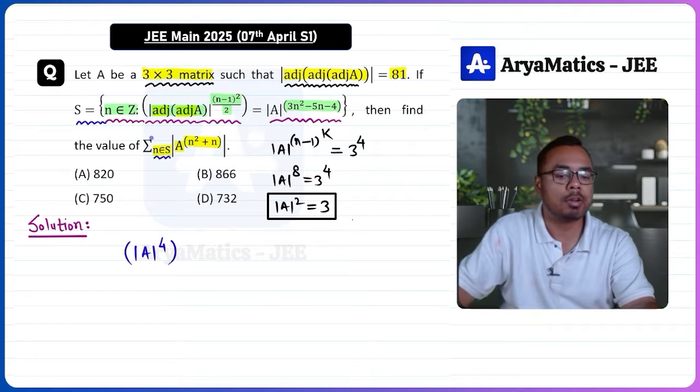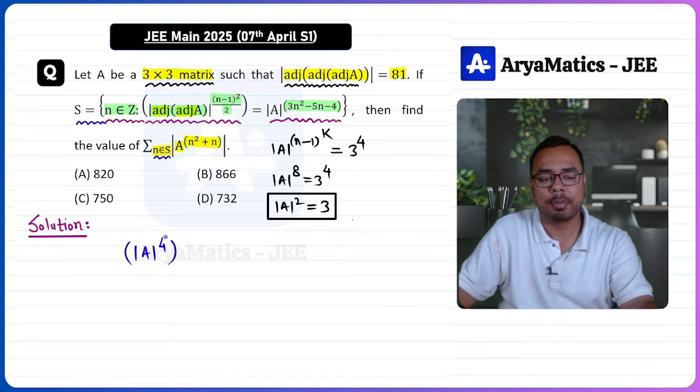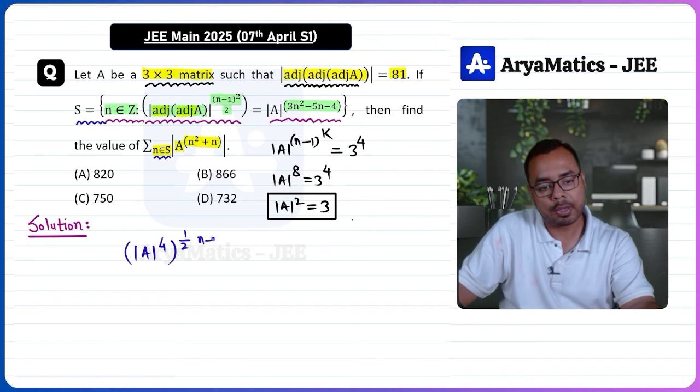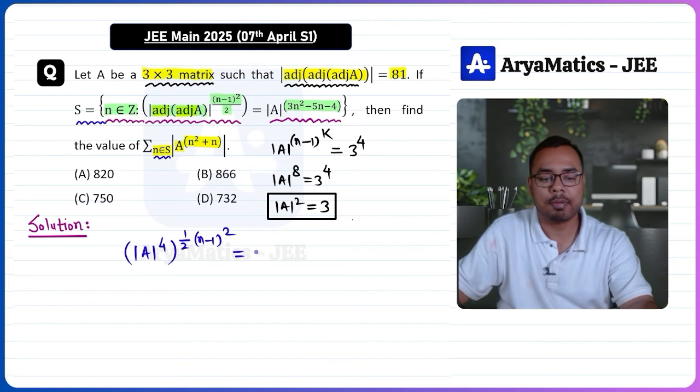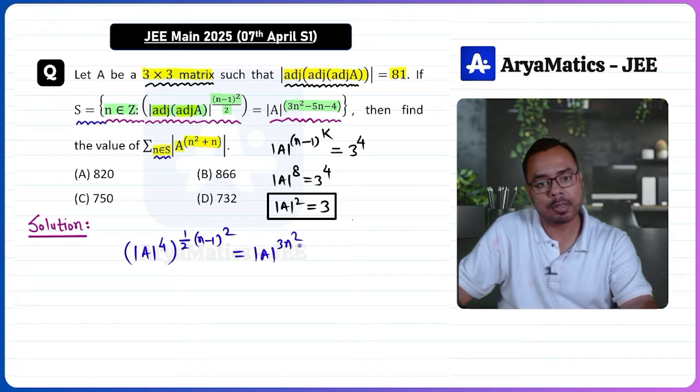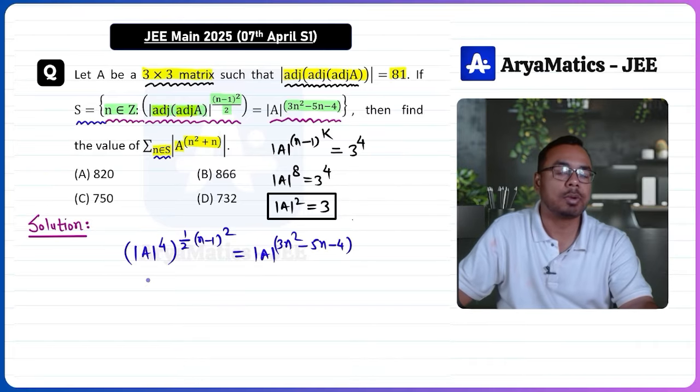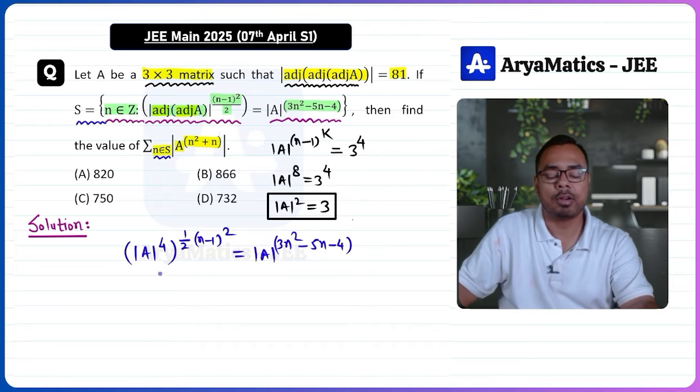So determinant of adjoint of A for this 3 cross 3 matrix will be determinant of A raised to 4, and this raised to 1 by 2 into (n minus 1) square. And on right hand side we have determinant of A raised to 3n square minus 5n minus 4. And now as you can see that for these two sides the base is the same, it is determinant of A, so therefore we can equate the exponents.